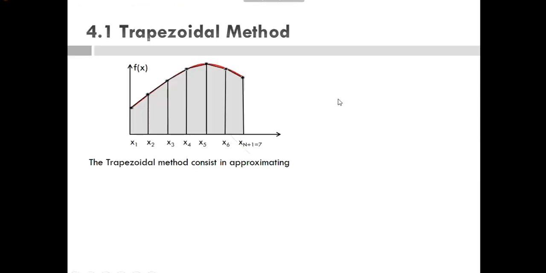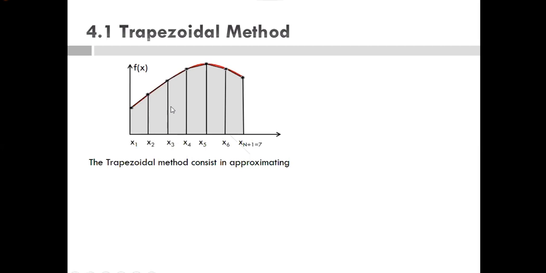So now we are going to discuss the trapezoidal method. Okay. So the trapezoidal method consists of approximating the integral by, instead of rectangles, a sum of trapezoids.